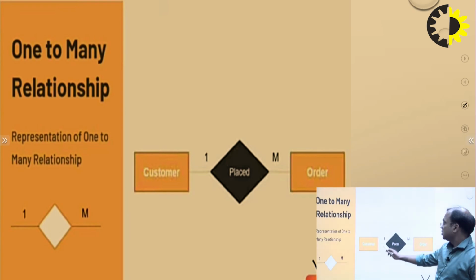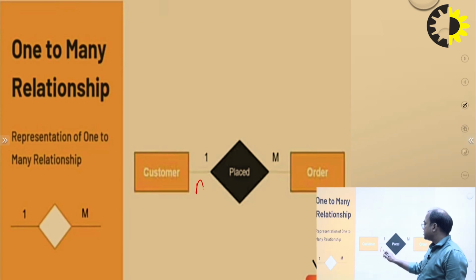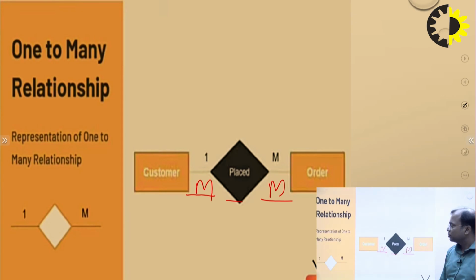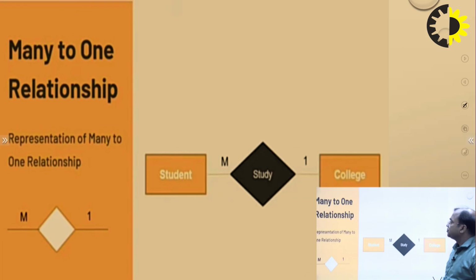One customer can place many orders. Here we can also write many to many, because we can say many customers placed many orders. So it is also right here, one to many and many to many are both possible in this case. It all depends on what we are going to draw. Clear? So next we have a many to one relationship.